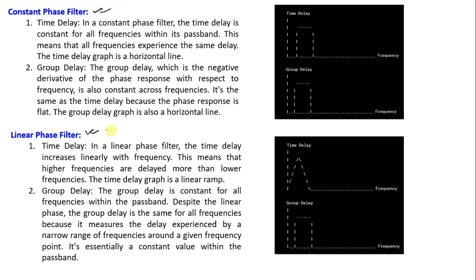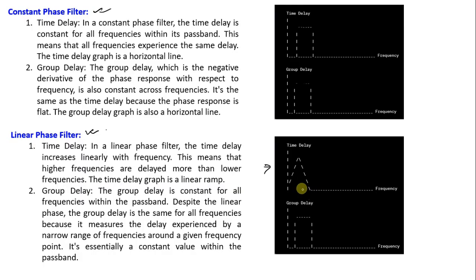In the case of FIR filter designing, we have discussed that FIR filters are linear phase filters. Now, if you look into the constant phase filter, the time delay and group delay, both of them are constant. However, in the case of linear phase filter, the time delay is linearly increasing and decreasing.